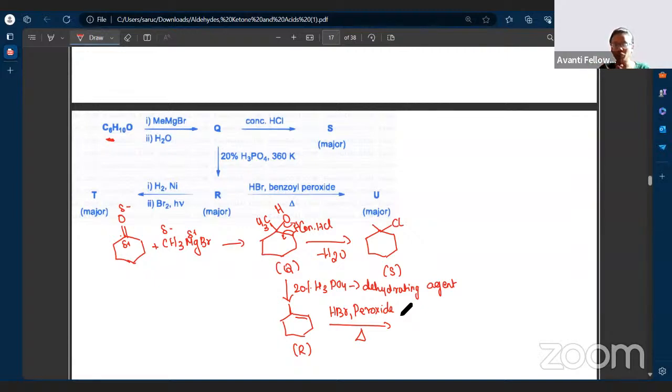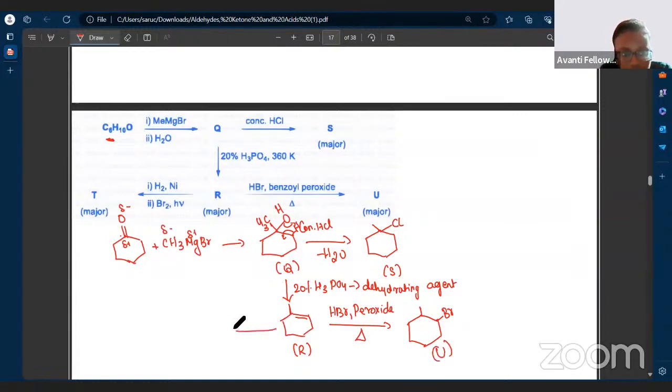What is the rule you have to follow here? Very good, Anti-Markovnikov's rule. The nucleophile will go to the carbon having more number of hydrogens. So here will be Br and here will be CH3. So this will be your U.